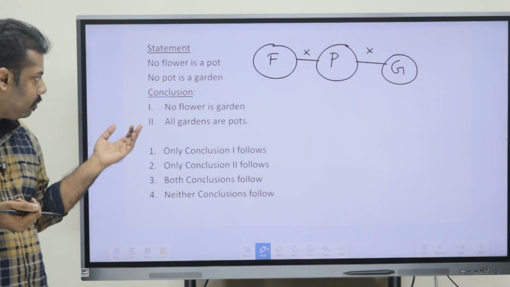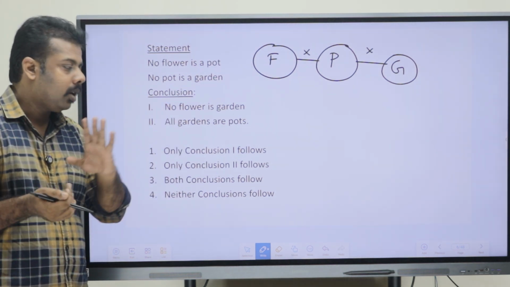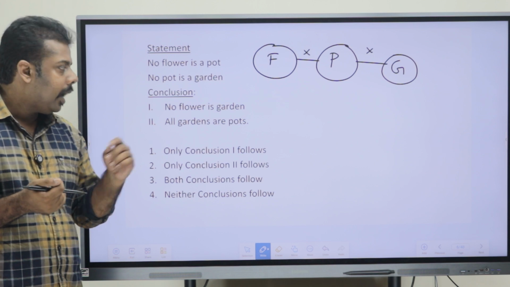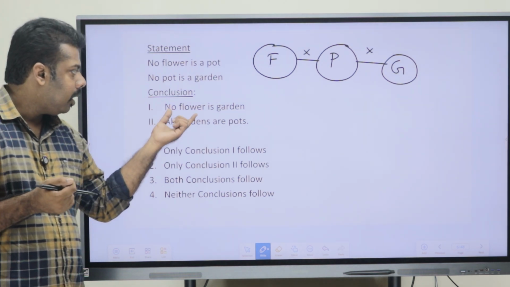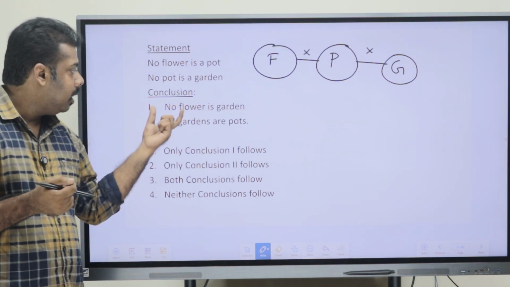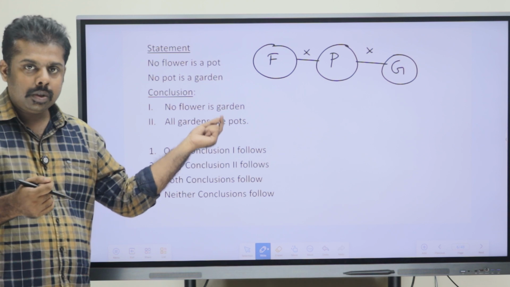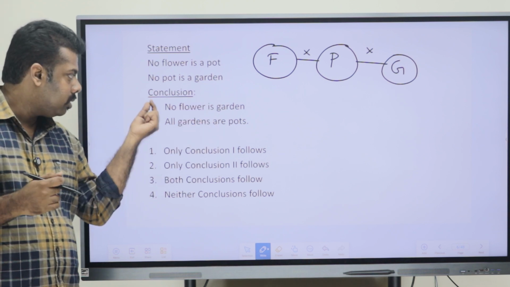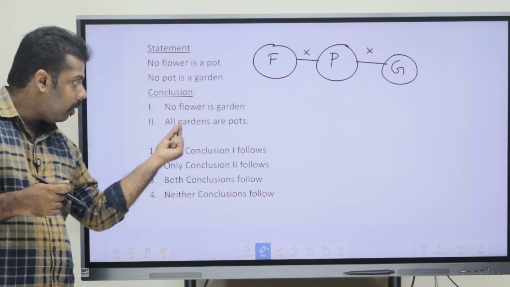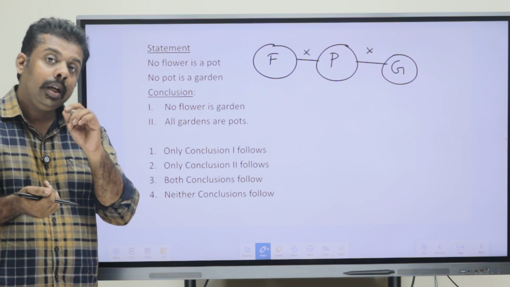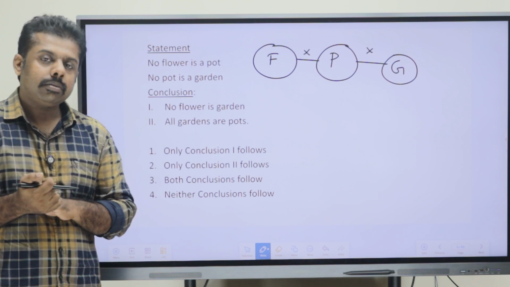The first conclusion, what does it say? No flower is garden. Now, I think you will be able to understand which type of conclusions are given here. Both conclusions, no flower is garden and all gardens are pot, are definite conclusions.